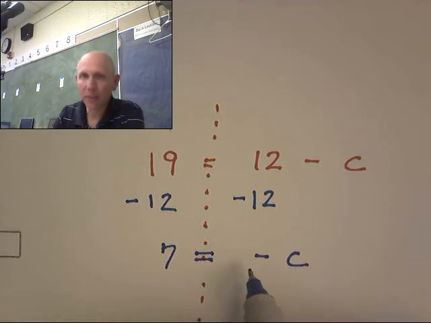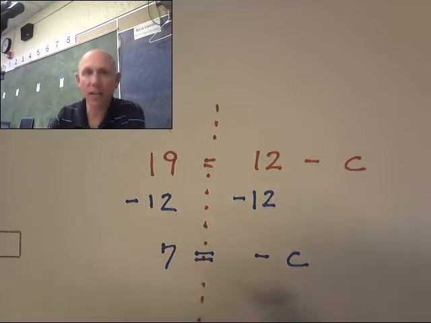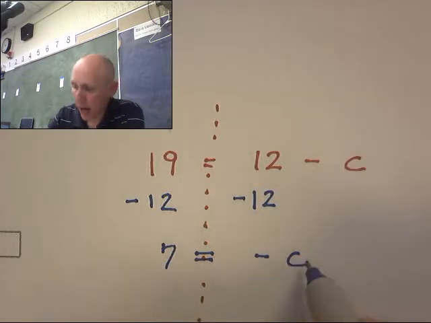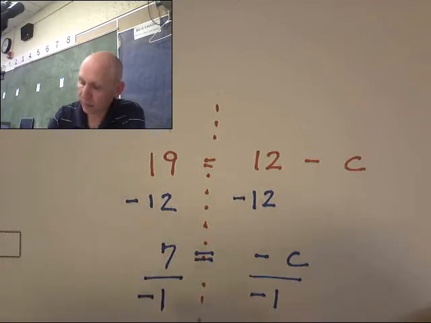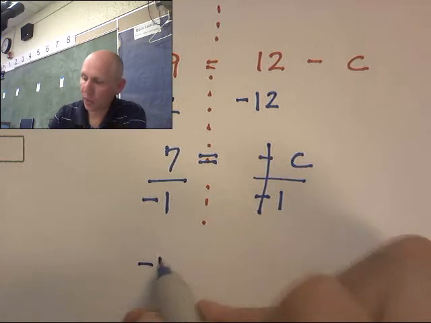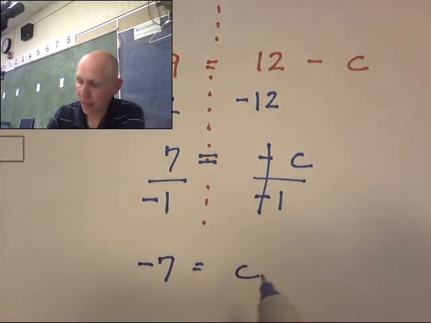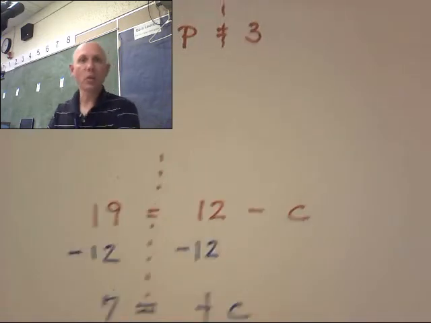7 equals negative c. What number would make c work? If I put a 7 in for c, negative 7 does not equal 7. The opposite of negative 7, that's what works. So what we're looking at here, we can do 2 things. I like to divide by a negative 1 right here. Those cancel. My answer is really negative 7. That's what works. And let's see, does it work in the equation?